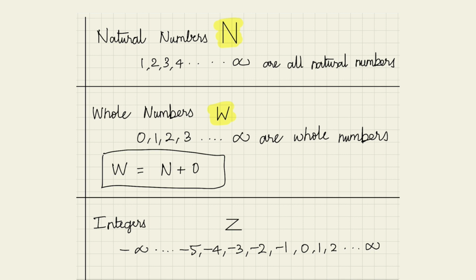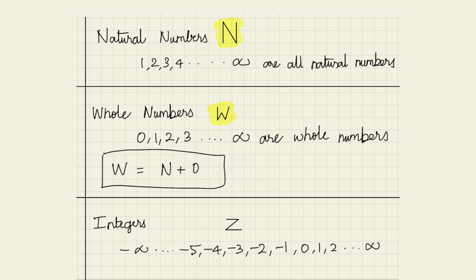Now moving on, we have what we call integers. So what are integers? Integers are quite similar to whole numbers, but not exactly so. Okay, so the numbers that are included in integers are 1, 2, 3, 4, 5 on the positive side, and also the negative numbers minus 1, minus 2, minus 3 up until minus infinity on the negative side, and also the 0 that is included in between.